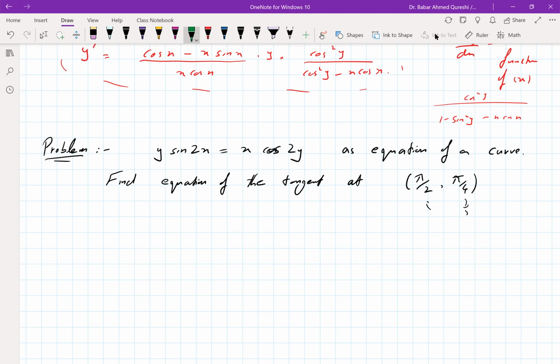Well, first let's check, does this point lie on the curve?